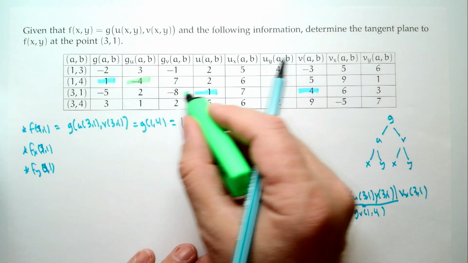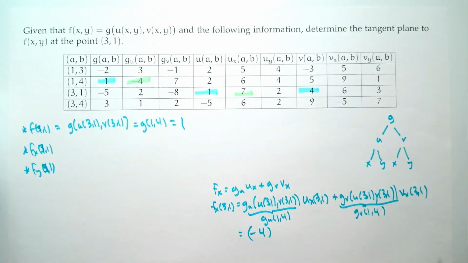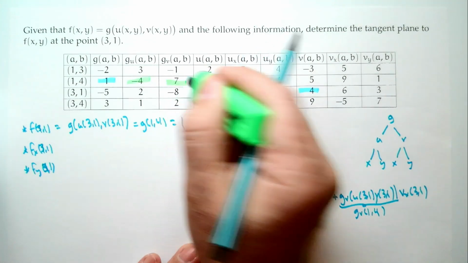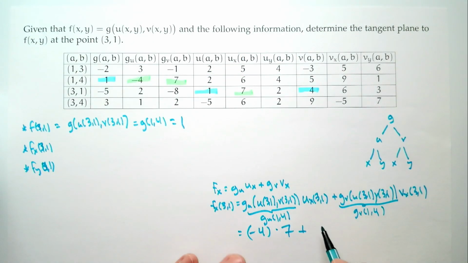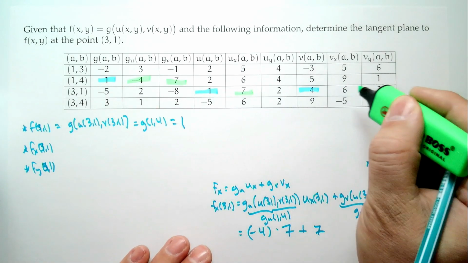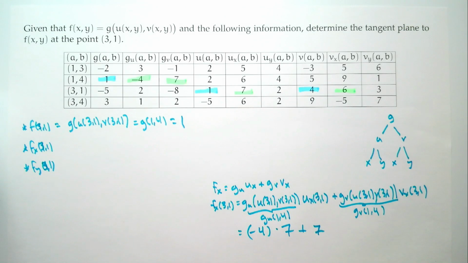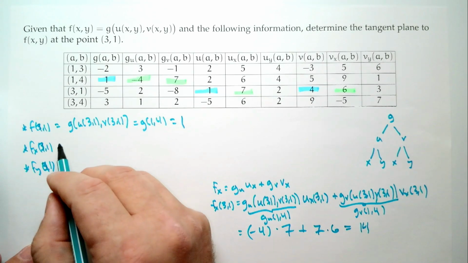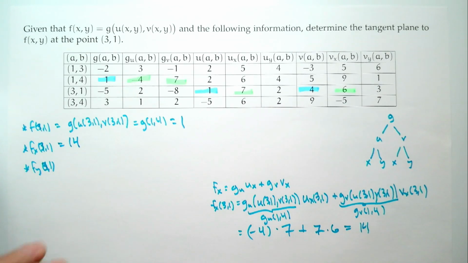We go back, and it's 7. Then g sub v at 1, 4 is 7. And v sub x at 3, 1 is 6. So negative 4 times 7 is negative 28. 7 times 6 is 42. Put those together, we get 14. So that is f sub x.